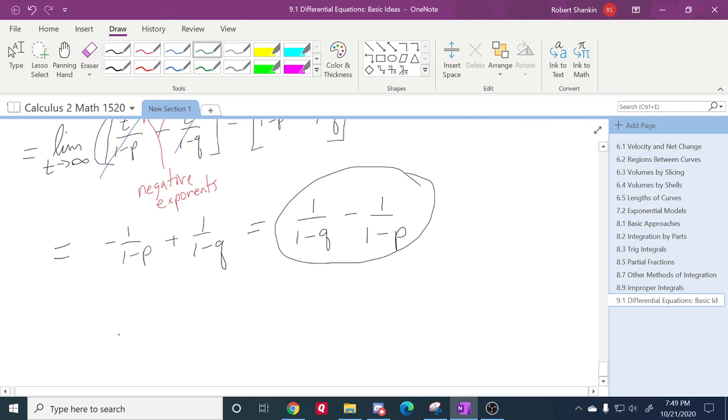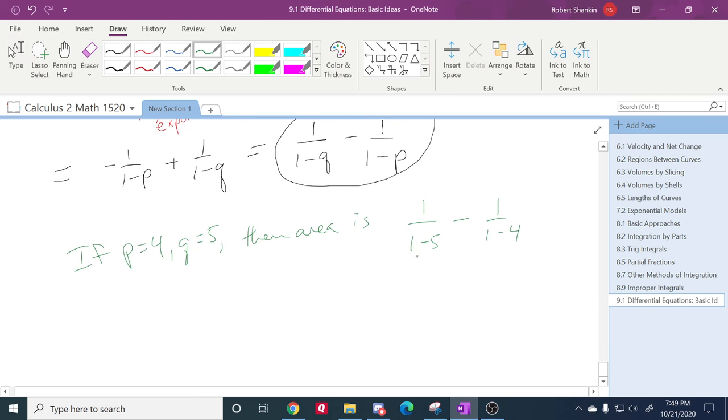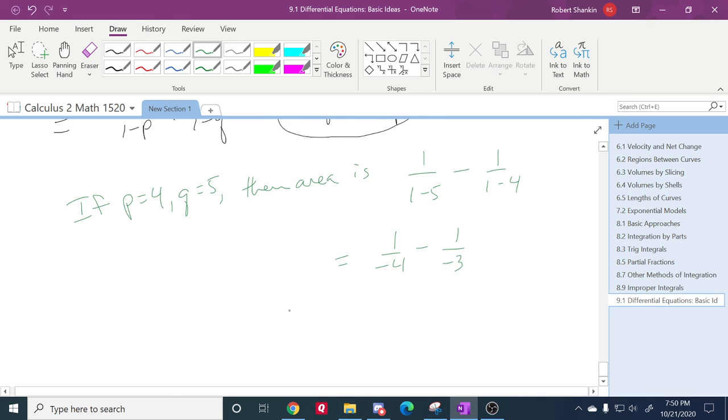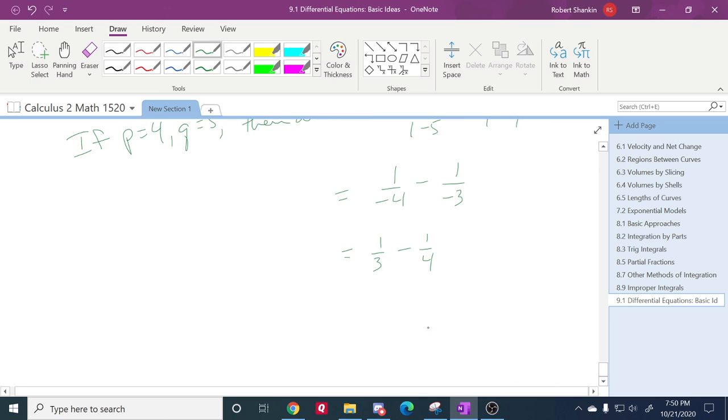Just to help me understand it, if p was 4, q was 5, then the area is 1 over 1 minus 5 minus 1 over 1 minus 4, which is equal to 1 over negative 4 minus 1 over negative 3, which the second fraction becomes positive, minus the first, and then that's multiplied by 4 over 4, 4 twelfths, multiplied by 3 over 3, 3 twelfths, which would be 1/12.